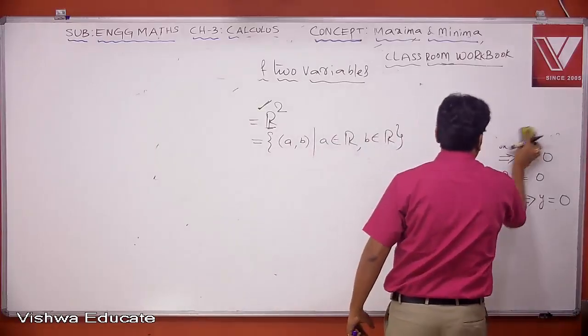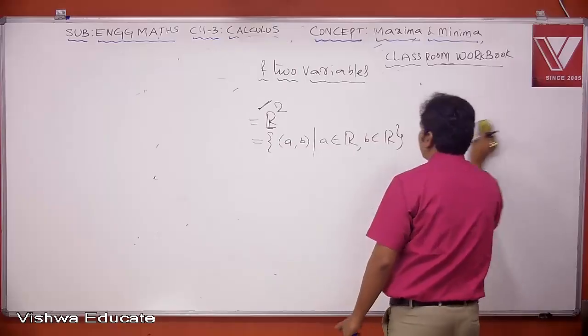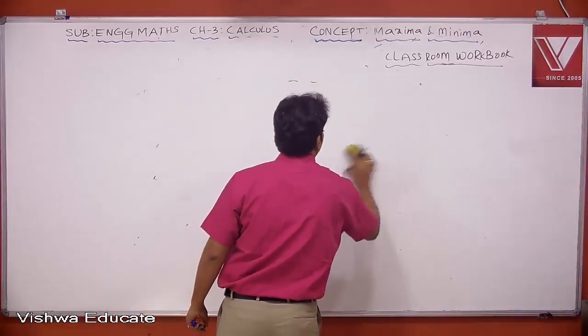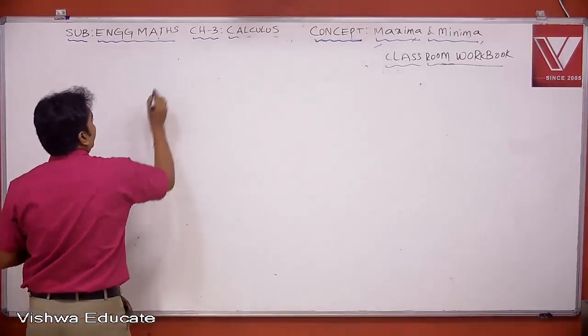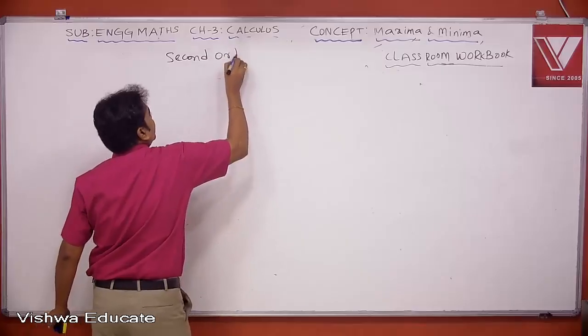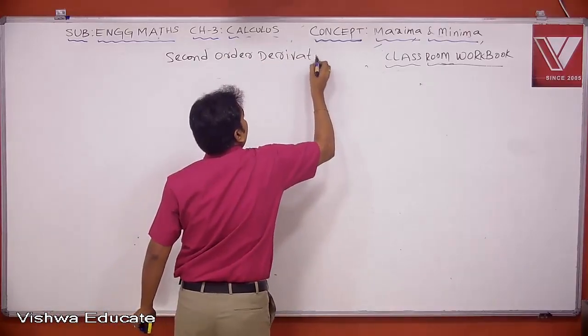Now let us discuss maxima and minima of functions of two variables using the second order derivative test. In this case we are handling functions of two variables.